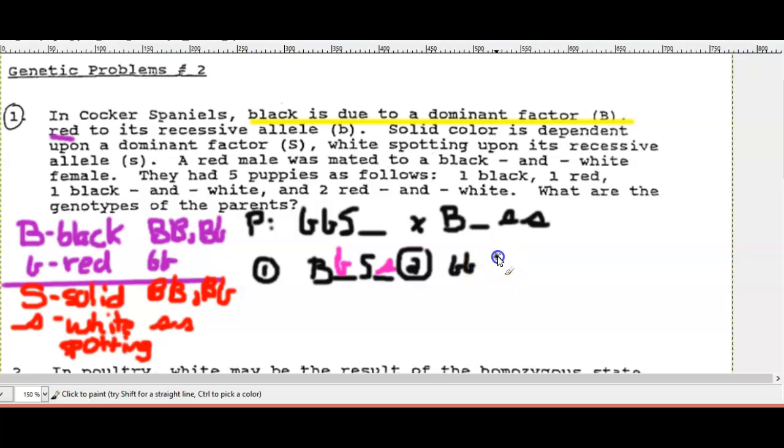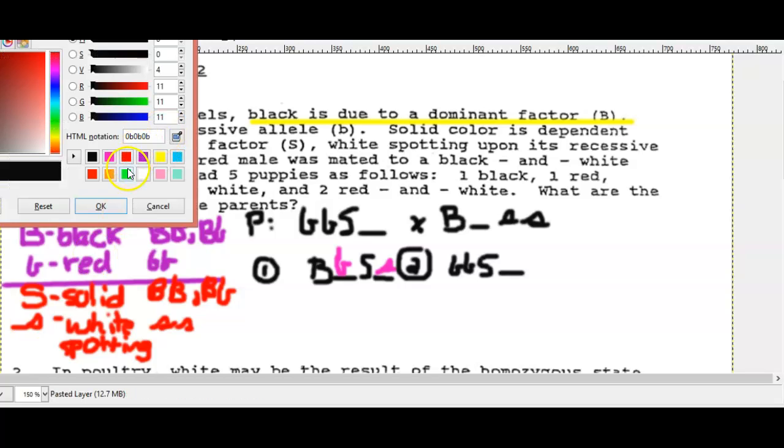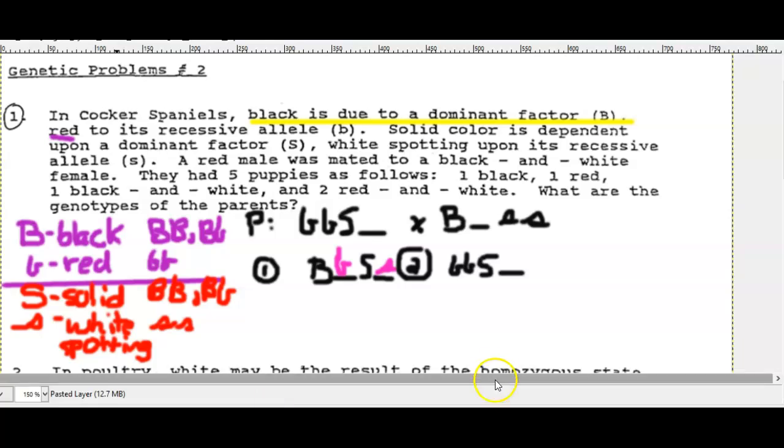So we know that's two little b's, and one big S because it's solid. Let's look for some clues. Let's use that. Alright, we had to get a little b. Oh, look, we can figure out that parent had to have a little b, right?